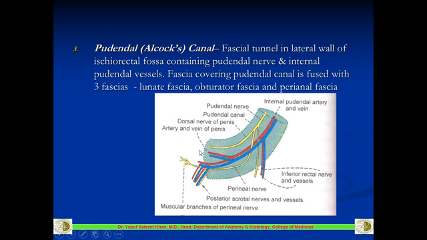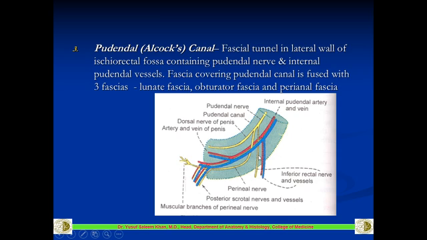So it will be supplying the penis, it will be supplying the scrotal region as well as even the perineal region. Okay, so these are some of the important vessels which will be supplying the penis as well as the scrotal region as well as the perineal region.